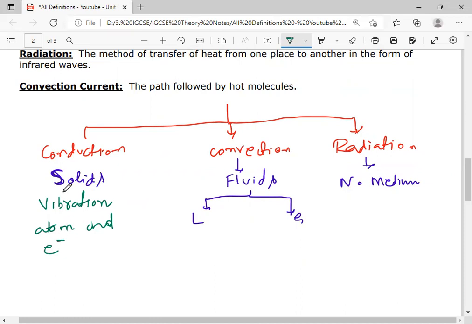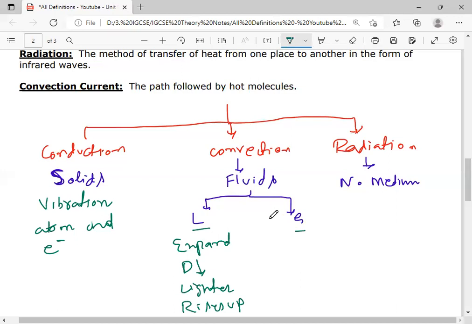So when a solid is heated, the atoms vibrate vigorously about their mean position, collide with the other atoms, and then heat is transferred due to these collisions as well as the movement of the electrons. While in fluids, convection takes place, and this is the method which takes place in liquids and gases. And here, when liquid is heated up, it expands, its density becomes less, becomes lighter, and rises up.